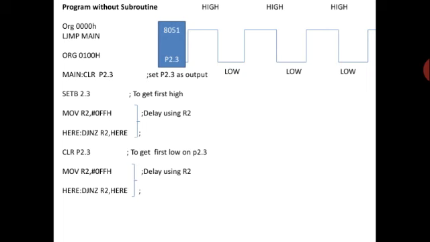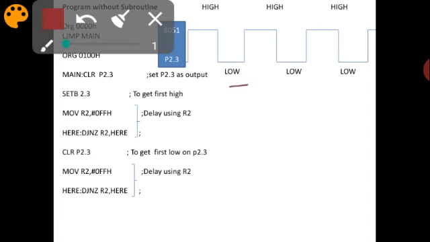By making use of the instruction CLR P2.3, again we can see that this low is of some finite duration. In order to get this time period, you again have to have some delay. Having a delay means retaining that 0 for some finite duration.